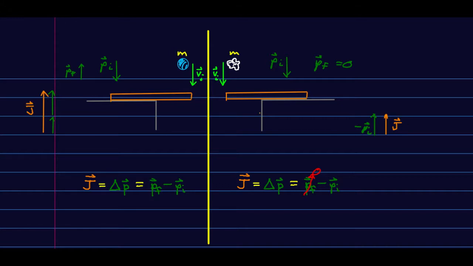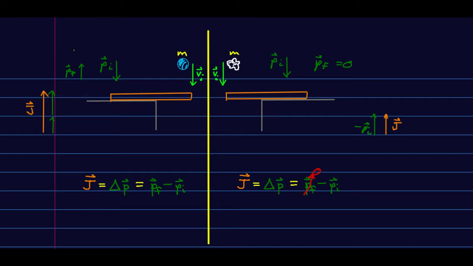But now remember Newton's third law. These are the j's imparted on the ball and the wad of paper. But that tells us, by Newton's third law, whatever force acted on the ball, the same force, but in the opposite direction, acted on the board.